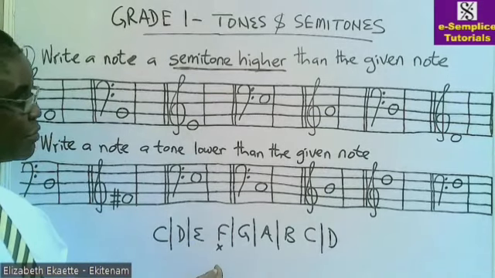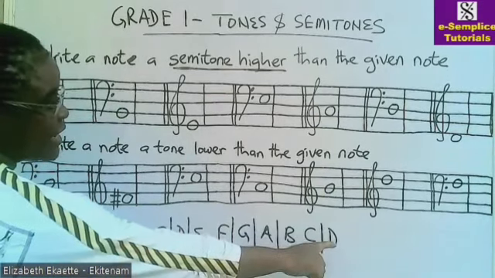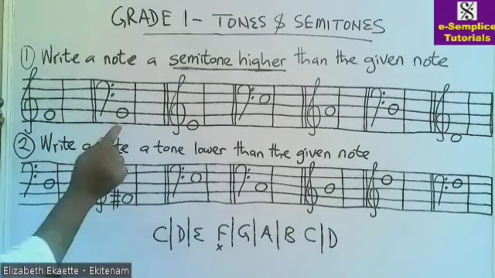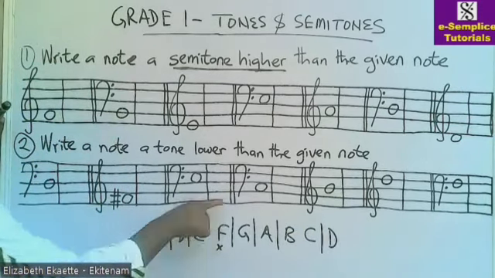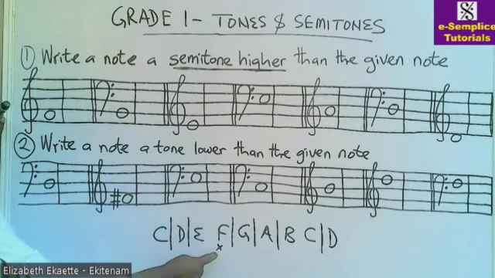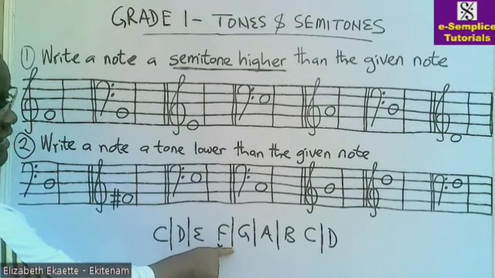Pitches on the keyboard increase this way and decrease this way. If this is F and you are looking for a semitone higher, the next key to F is actually a semitone higher. And what is the next key to F? It is a black key.